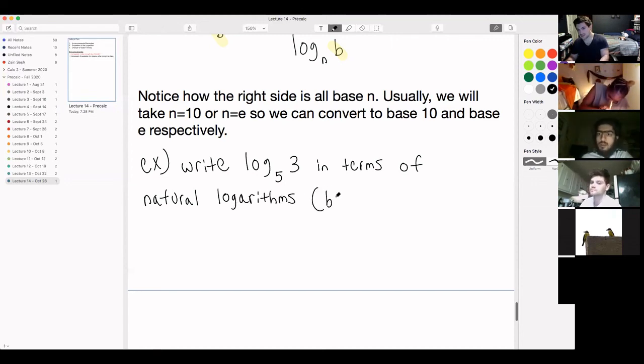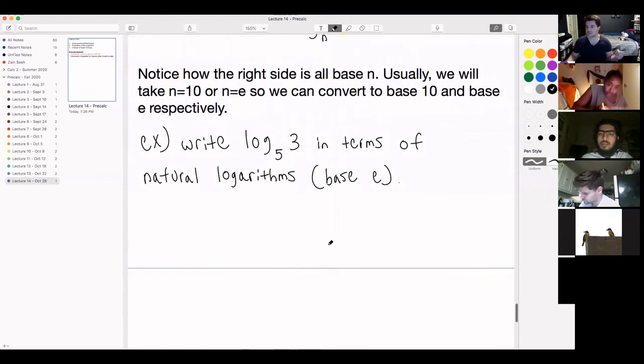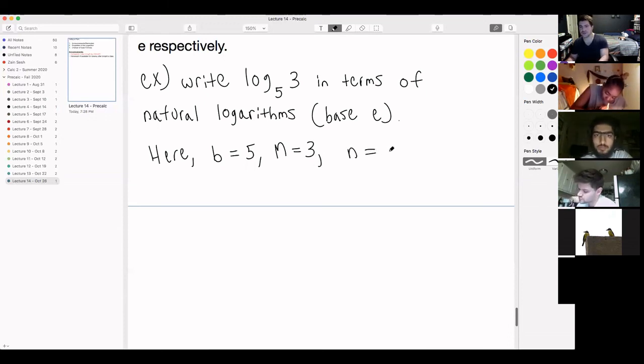That just means in terms of base e. There's not much else to do here except apply the formula. So here, b is 5, capital M is 3, and n, which is the base we want to convert to, is e.